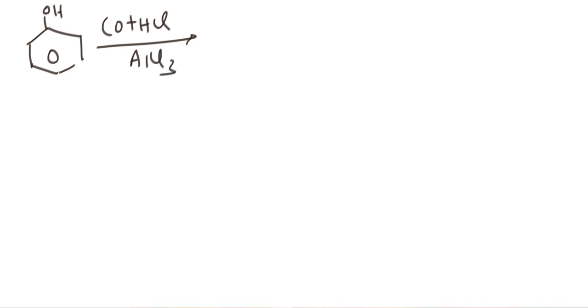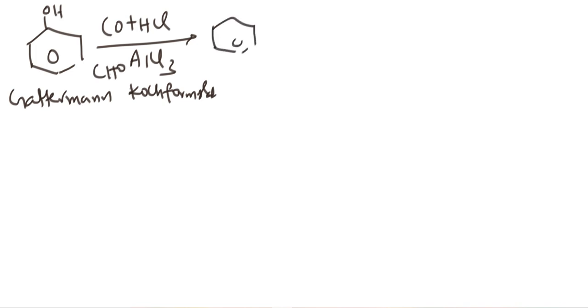The next, this is phenol. This is phenol treated with CO, HCl, AlCl3. Please remember, this is the Gattermann-Koch formylation. So now I can't teach the mechanism. Here the aldehyde group is the electrophile.